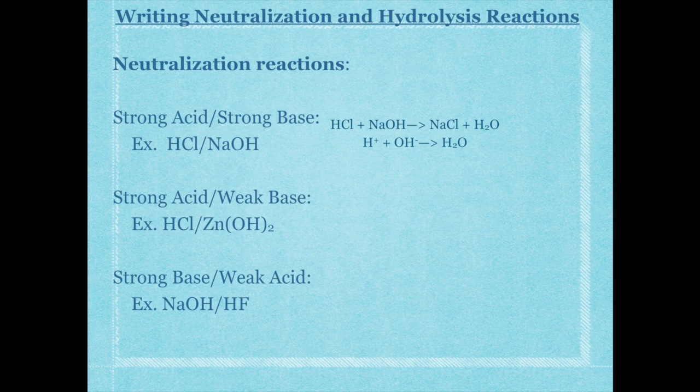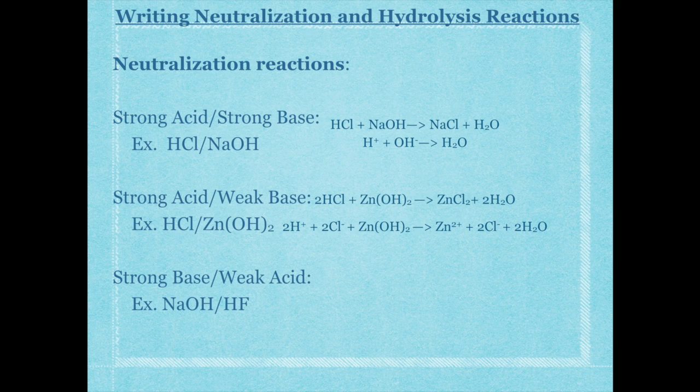Now, what if that's not actually the case? What if I have a strong acid and a weak base? In this case, I have hydrochloric acid reacting with zinc hydroxide to produce zinc chloride and water. Hydrochloric acid is a strong acid, so it's a strong electrolyte, and it will dissociate into its ions, and zinc chloride is soluble.